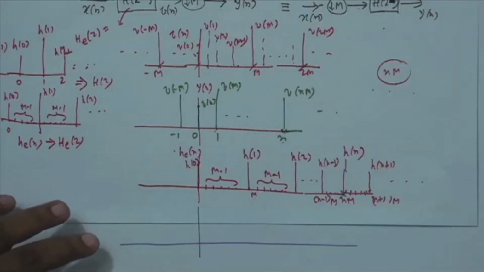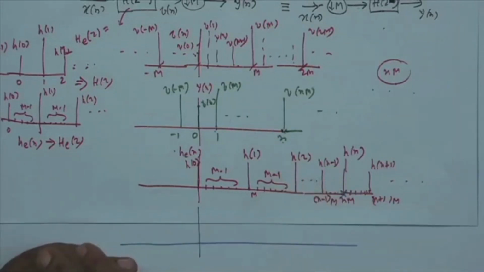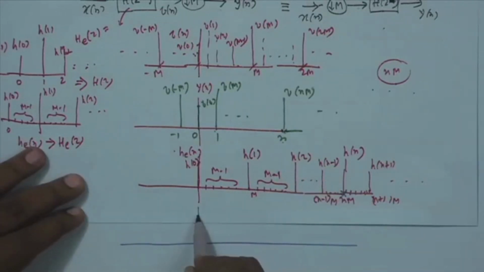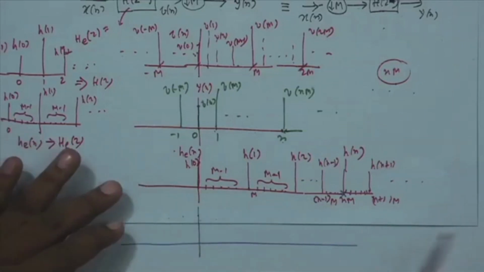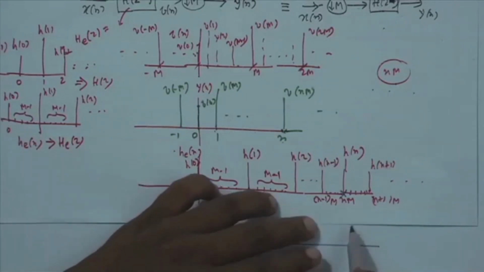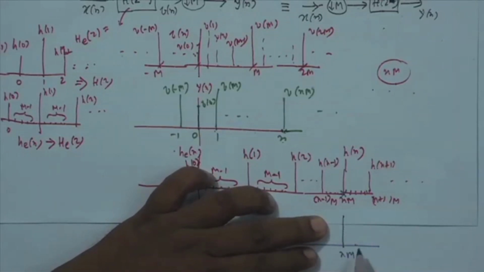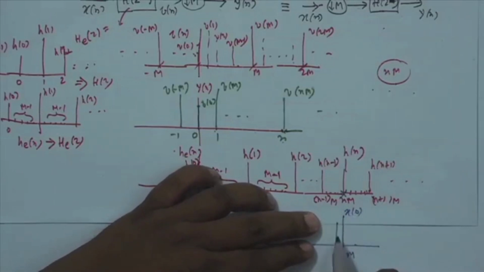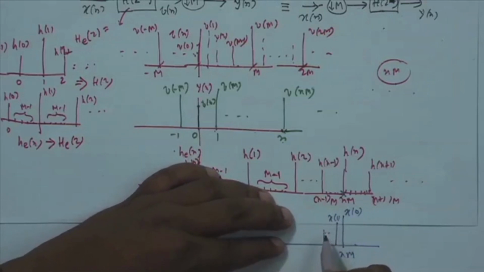So, what do I have to do? How to calculate convolution? I hold this h sequence as it is, flip the other sequence. So, x 0, x 1, x 2, x 3 dot dot dot, and x minus 1, minus 2, minus 3 dot dot dot, and this I shift by n m. Since you know graphical convolution, at the n mth point will come x 0. Then I have got x 1 dot dot dot.